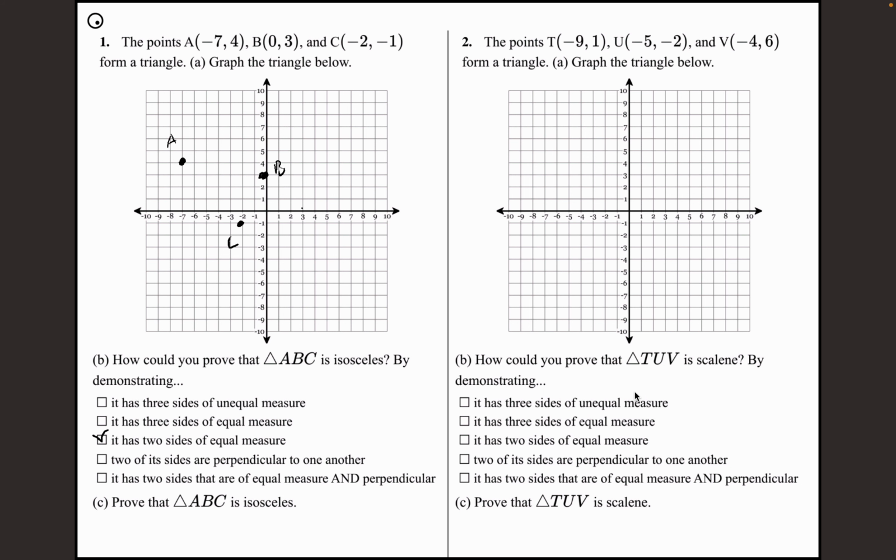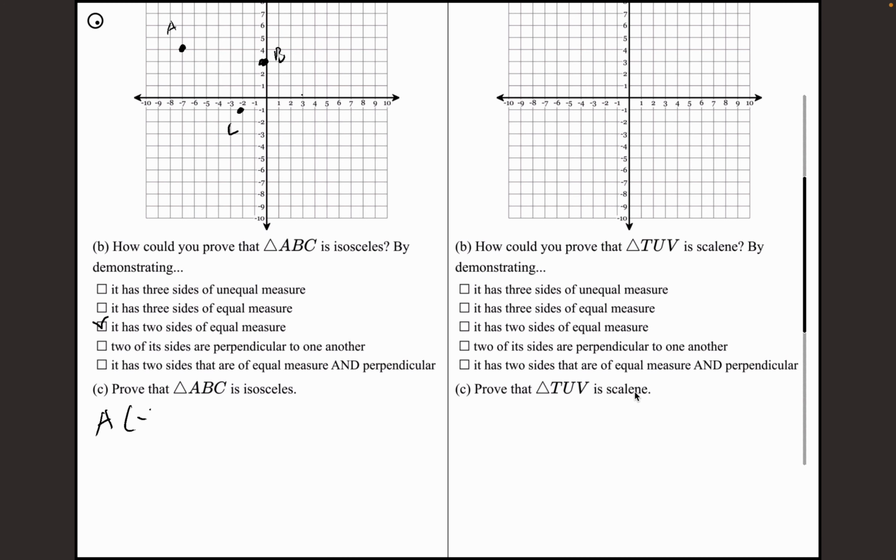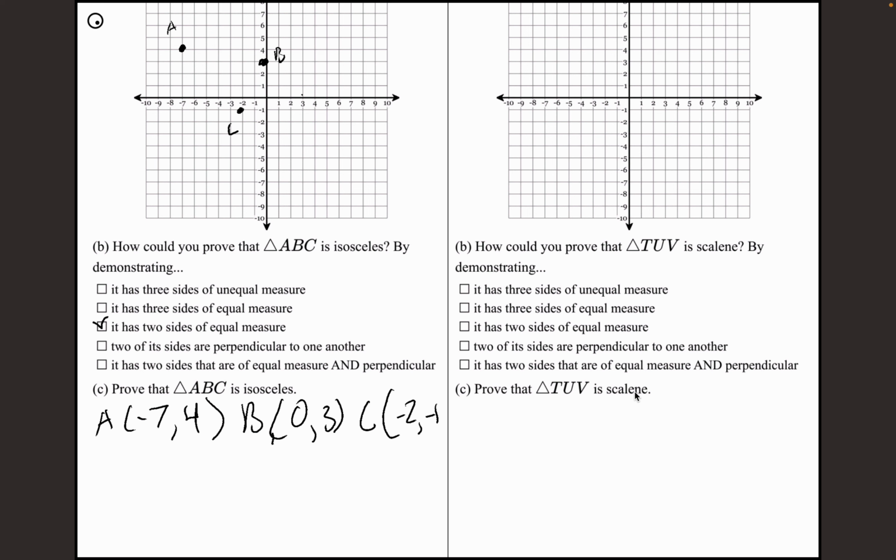All right, so I'm going to go ahead and put my points here. I had A negative 7, 4. B was 0, 3. And C, try not to mix my C with my parentheses, negative 2, negative 1.